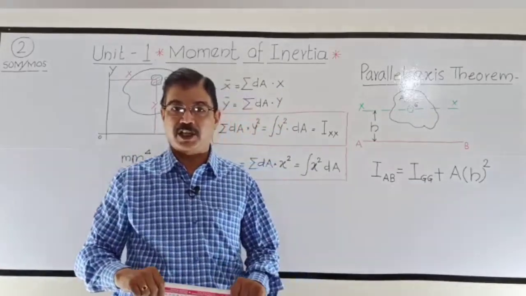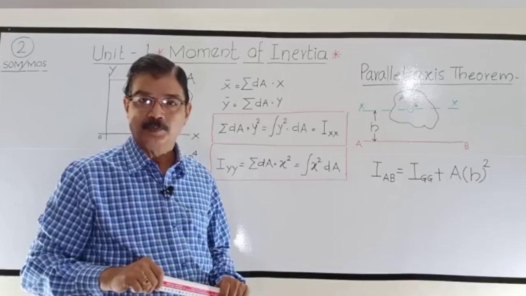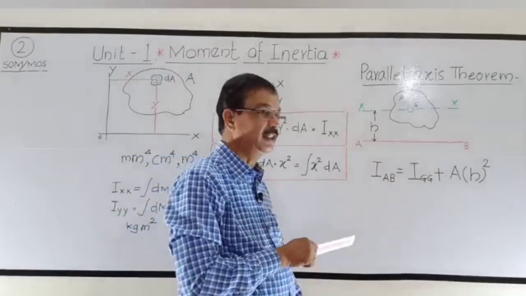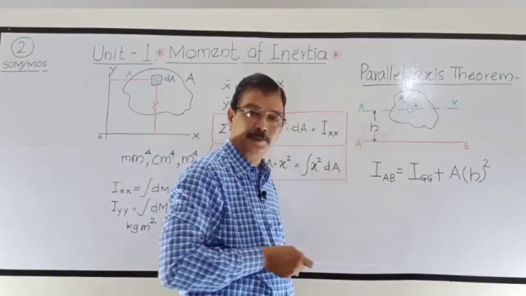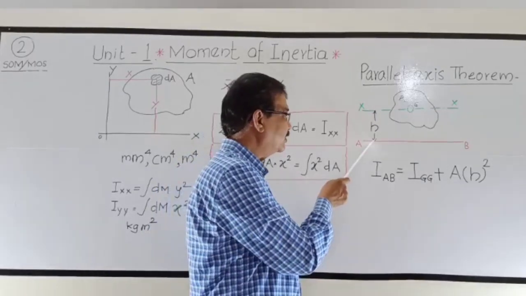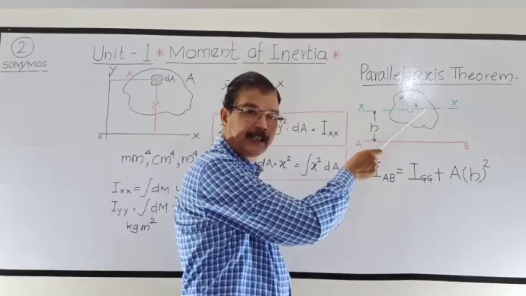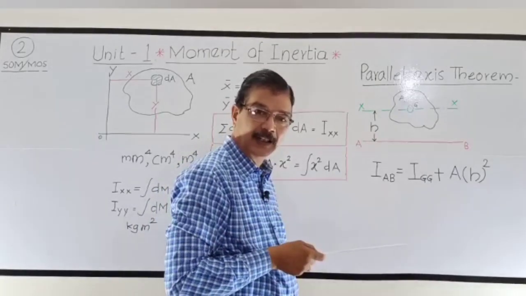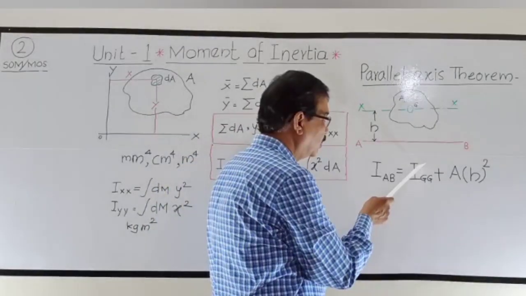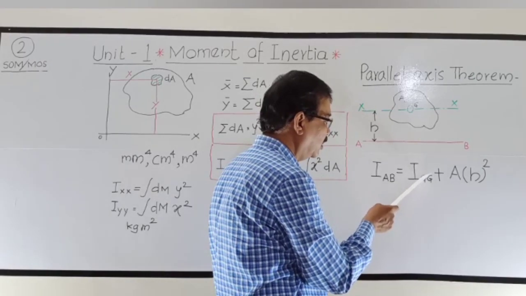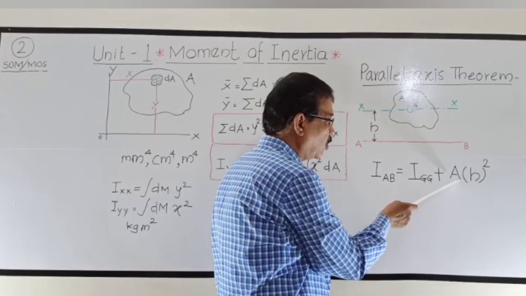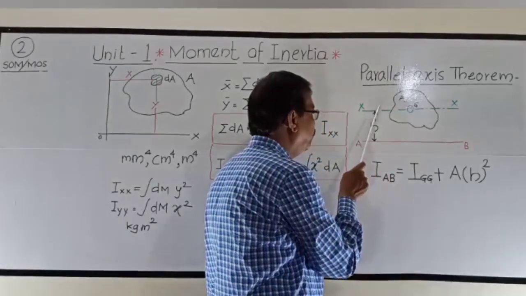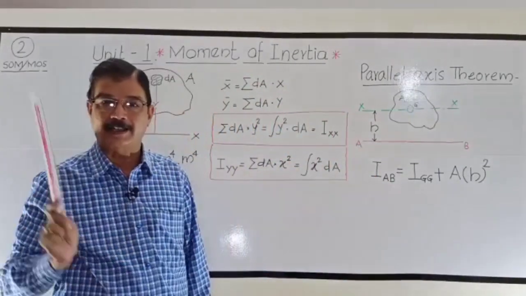I will again repeat the statement. Please see carefully. It states that, in quotes, the moment of inertia of any plane lamina about any axis which is lying in that plane and parallel to the centroidal axis is given as the sum of its moment of inertia about the self-centroidal axis and the product of the area of that lamina and the square of the distance between the two parallel axes.